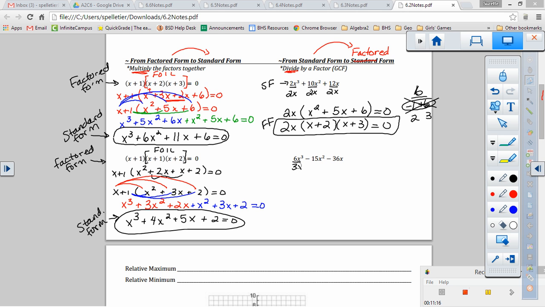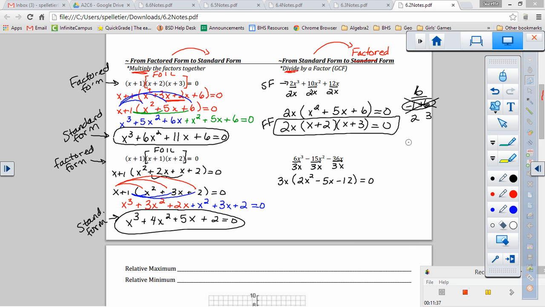Divide out a 3x. This one's going to be a little bit more involved because we are left with a trinomial that has a lead coefficient greater than 1. So now I need to look at 2 times 12.